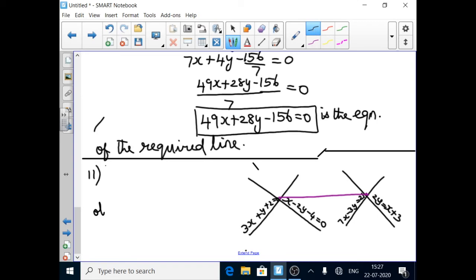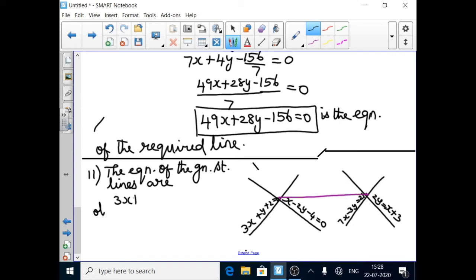So the equations of the given straight lines are 3x plus y.